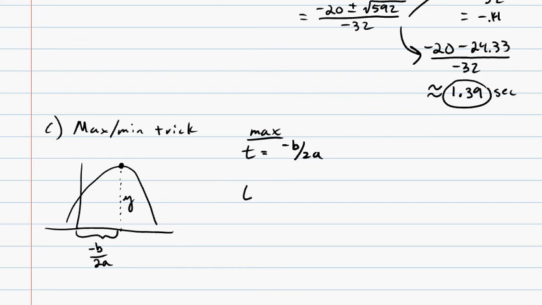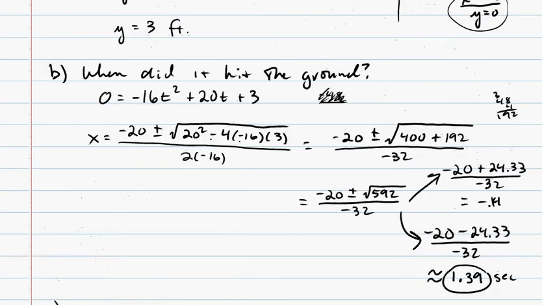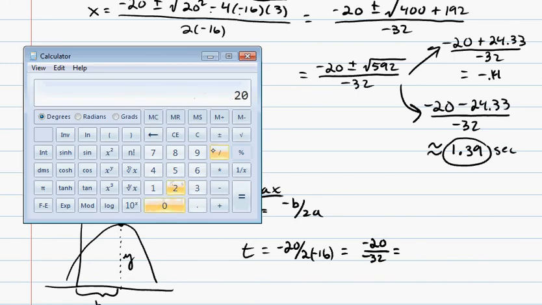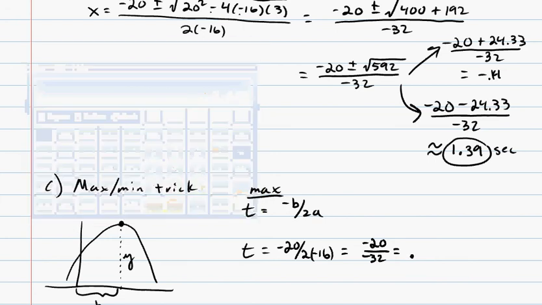In this case, negative b is negative 20 all over 2 times, and then we had negative 16. So we know the maximum is going to be when it's negative 20 all over negative 32, which, if I just do that on my calculator, 20 divided by 32, the maximum is going to be at 0.625 seconds.